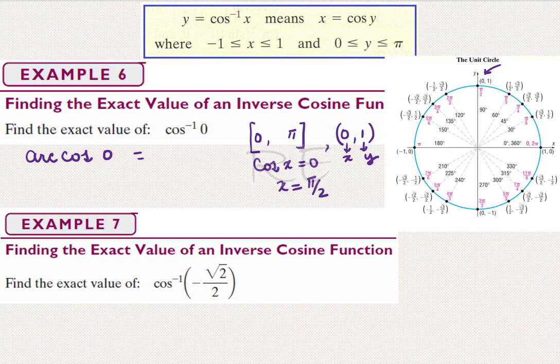So the solution is the arc whose cosine is 0 is pi over 2, or 90 degrees.